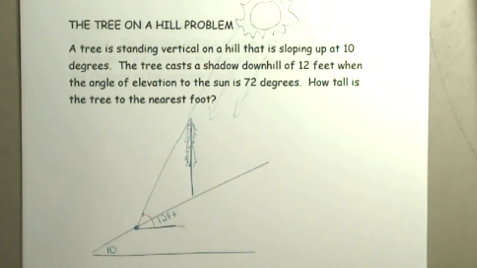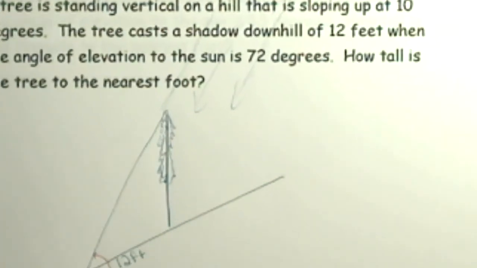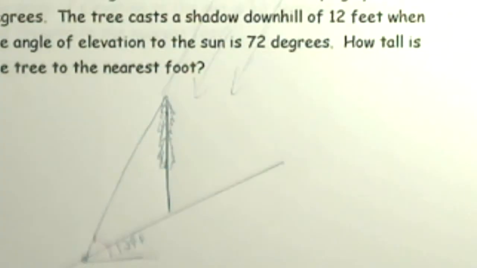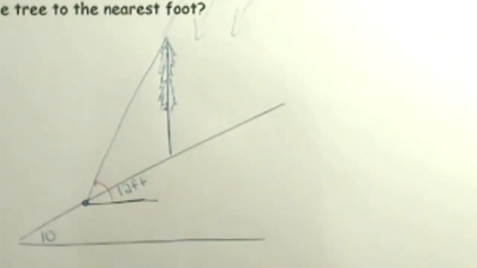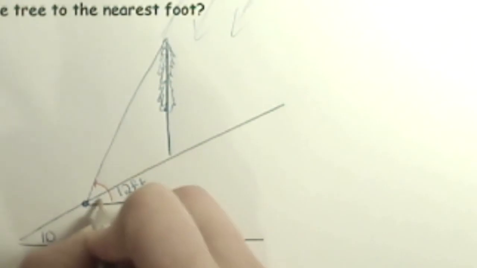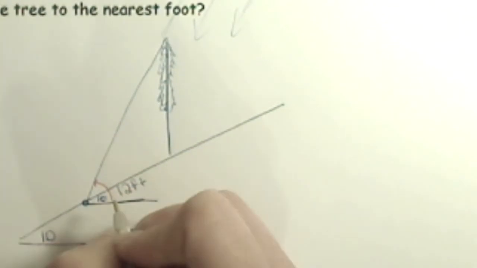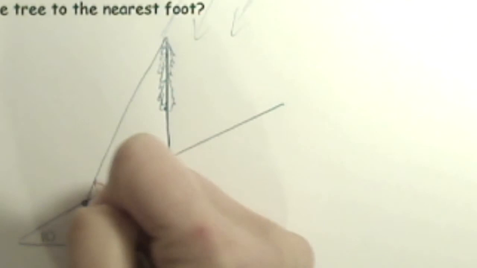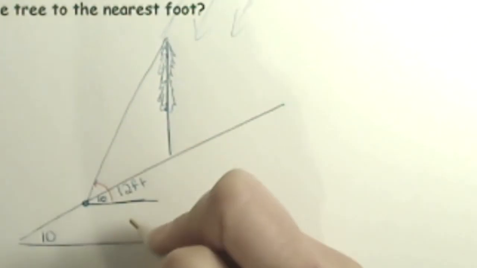All right, if we zoom in on this just a little bit so you can see how all the angles work out in this triangle. If this is 10, and this is 10, which means this is 62.